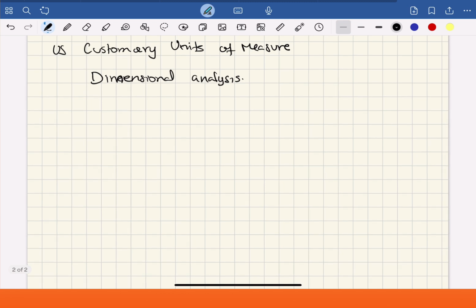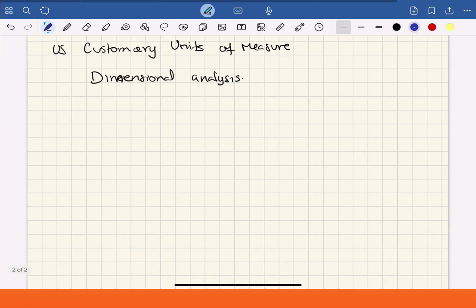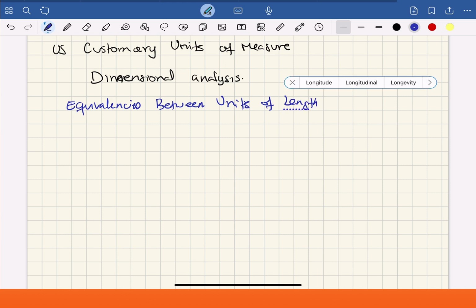The first thing that we're going to talk about is the equivalencies between units of length in the U.S. customary system.